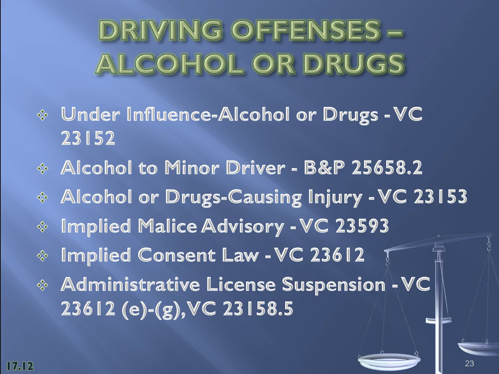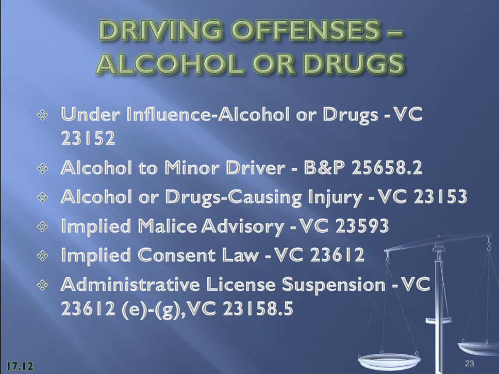Now, what the code here is trying to tell you is that, if you don't know, there really are in essence two pieces to that section on DUI, driving under the influence. The first is the A section, 23152(a), which means you are driving a vehicle and you are impaired by either drugs, alcohol, or both.